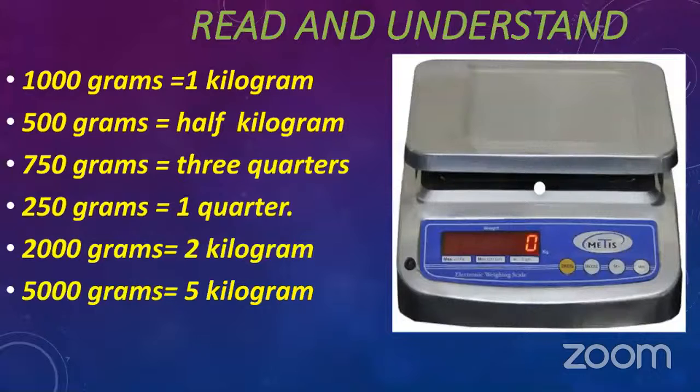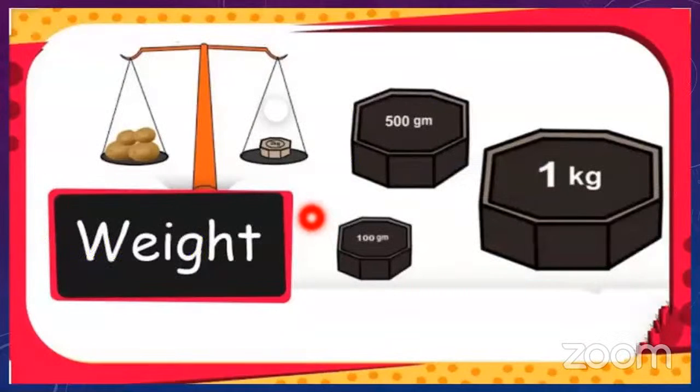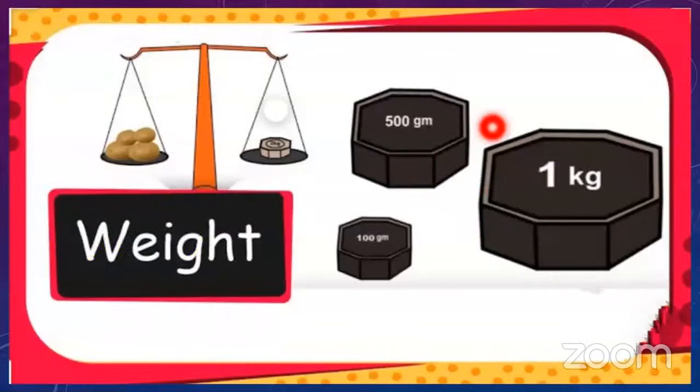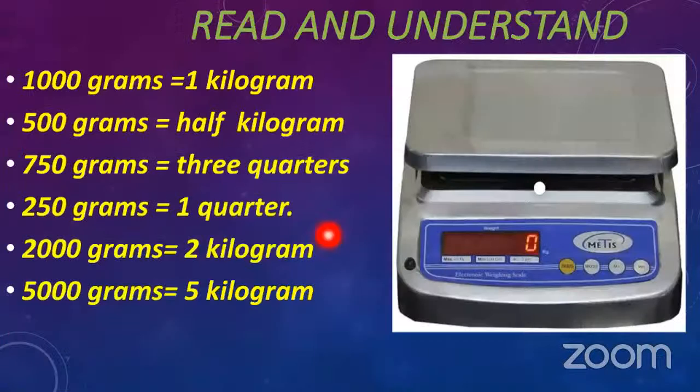But children, look here, this is used sometimes, and most of the time you can see this electronic balance is used. Today, whenever you go, most of the time we see this electronic weighing machine. Here you use weights, but here you can see a little digital screen.